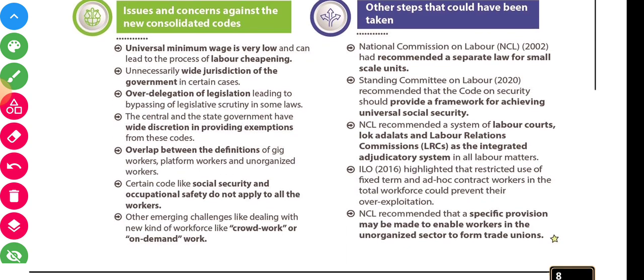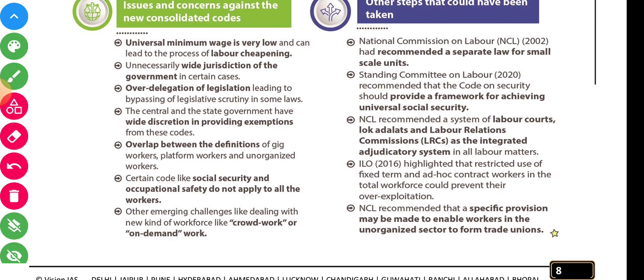What are the issues and concerns against the new consolidated codes? Universal minimum wage is very low and may lead to the process of labor cheapening. Wide jurisdiction of the government in certain cases is unnecessary. Over-delegation of legislation leads to bypassing of legislative scrutiny in some laws.